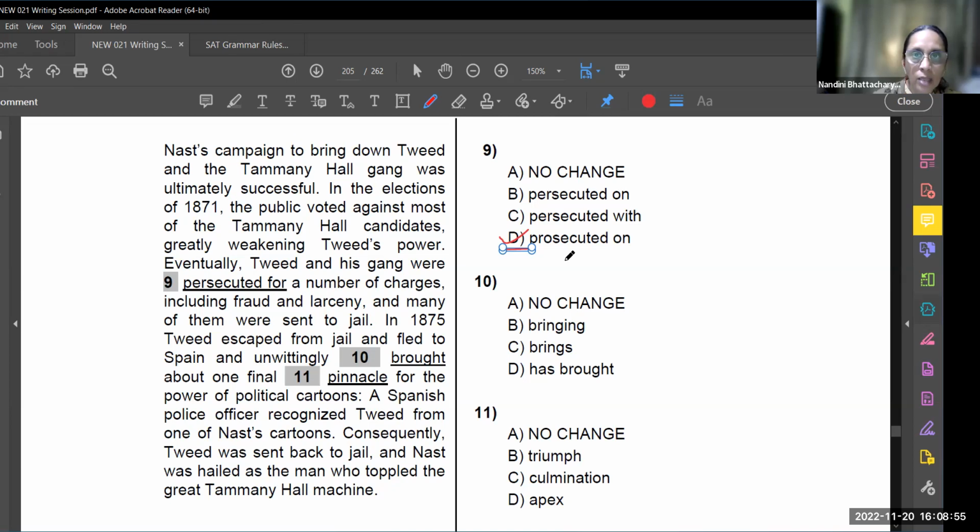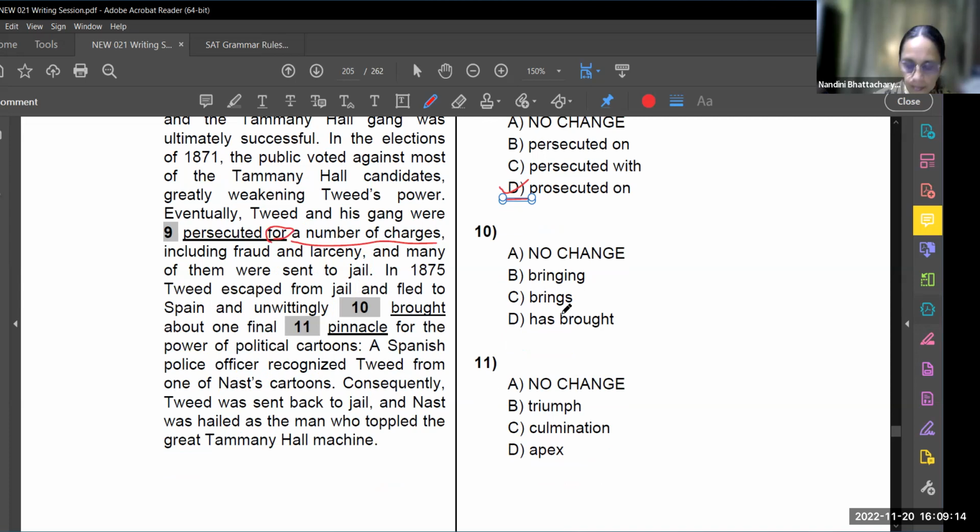A charge has not been framed, but you are being harassed or punished. And if you look at the idiomatic expression, it will be "prosecuted on a number of charges," not "for a number of charges." Right? Okay.